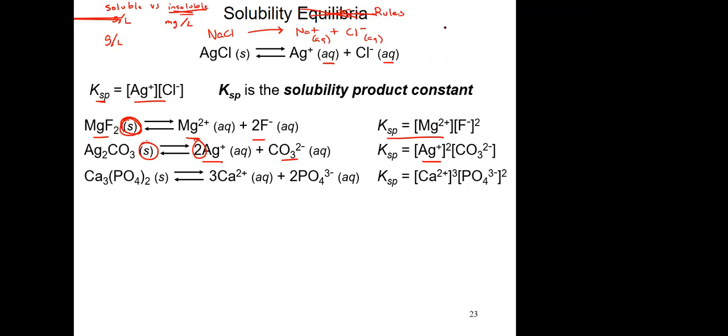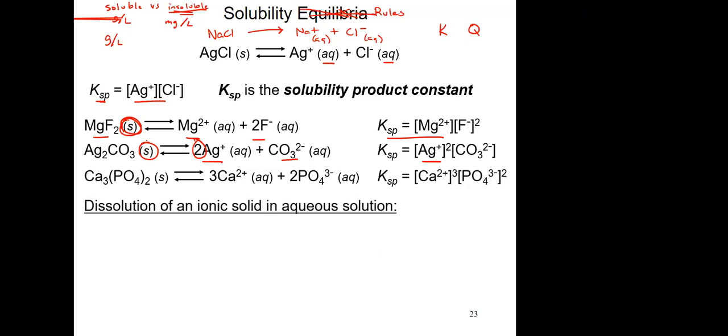Remember in our equilibrium, we have the K and the Q, right? Both of them we could say is just the ratio of the products over the reactants. The only difference, K is during equilibrium, Q is at any point in time except equilibrium.